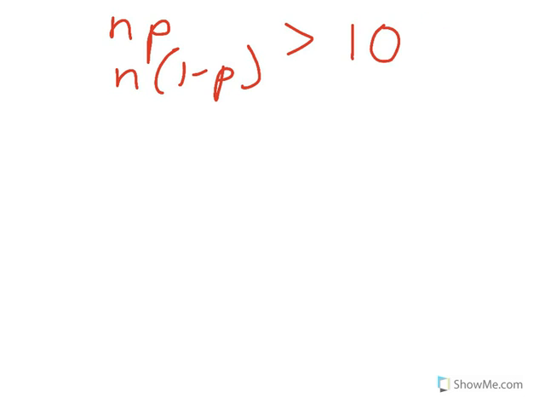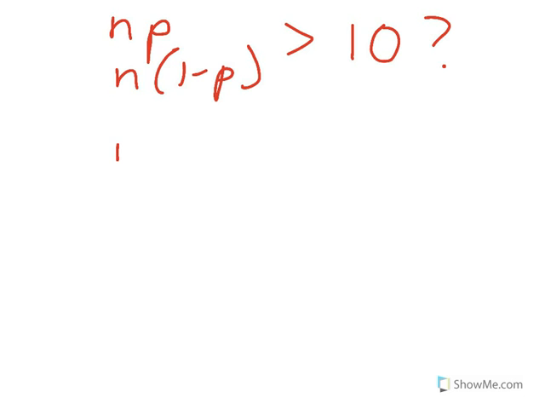Okay, let's move to part B. In part B, we have to check to say, is this particular distribution smooth enough that we could use our normal approximation tools? And in this case, what we're going to use is a comparison test. We want to see if n times p and n times 1 minus p are both greater than 10. If they are, then we can use the normal approximation.